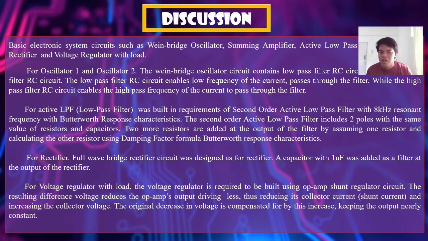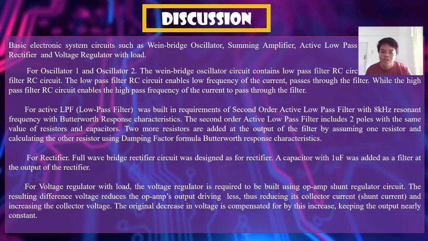Okay, so for the active low pass filter, the requirement is a second order active low pass filter with 8 kHz resonant frequency with Butterworth response characteristic. The second order active low pass filter includes two poles with the same value of resistor and capacitor.